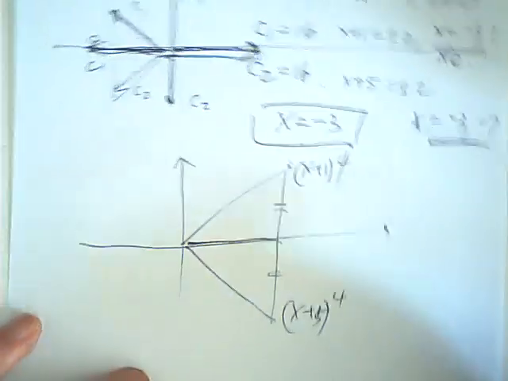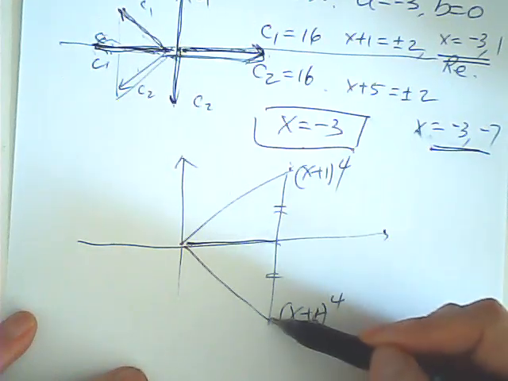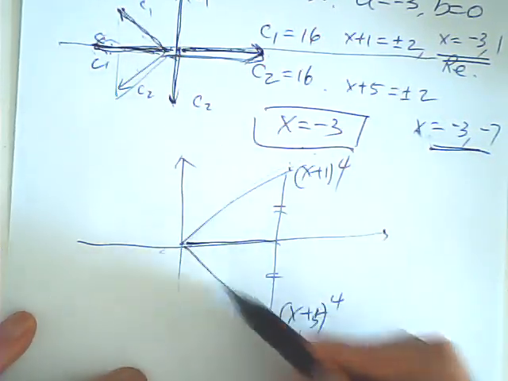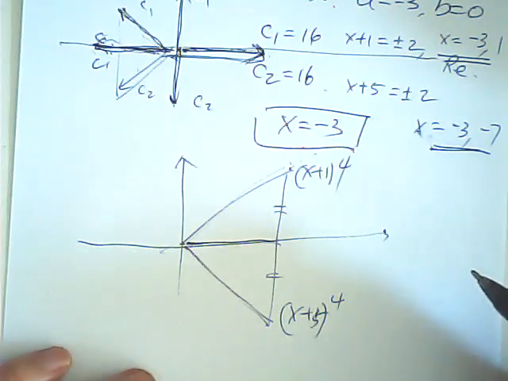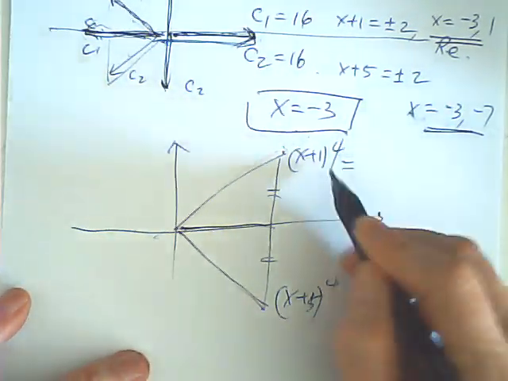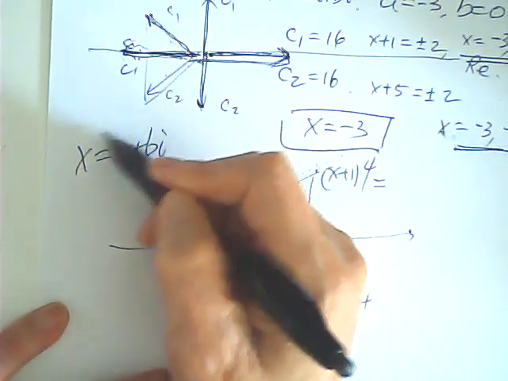This is 16, right? If this is the case, then they are equal, right? This length is equal to this length, right? So what is this length? X is equal to a plus bi, right?